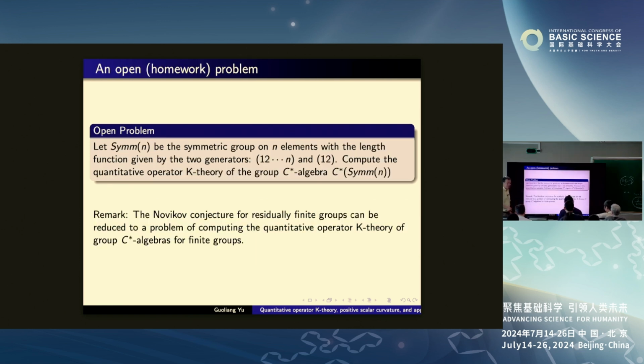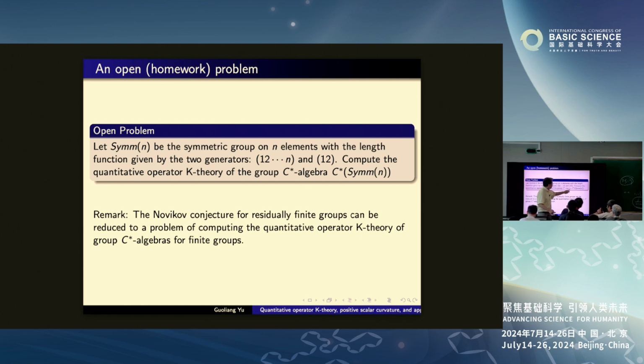In case you're about to fall asleep, I give you a homework problem. I don't know how to do this, so I raise it as an open problem. Look at the symmetric group of n elements. It's a finite group, with two generators: one is a cyclic permutation, one is just swapping 1 and 2. You use this to create a word length on the group.